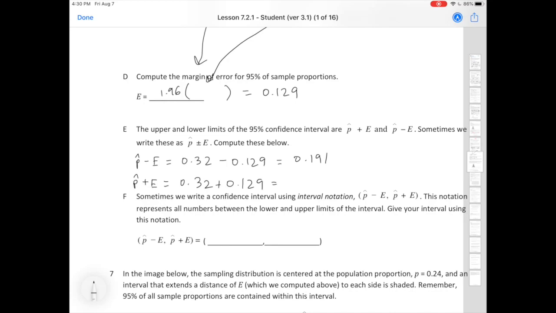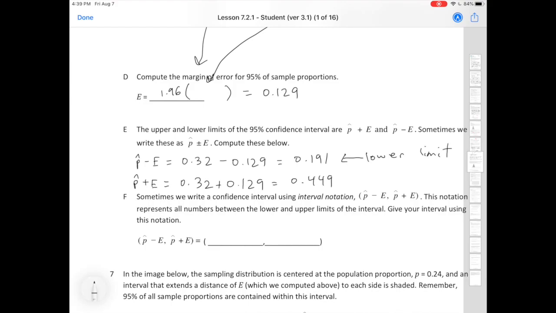And if I do 0.32 plus 0.129, I end up with 0.449. So what we just found was the lower limit and the upper limit. So we could even call it right here. This is the lower limit, and this is the upper limit.